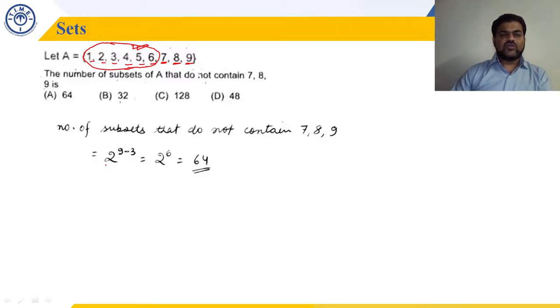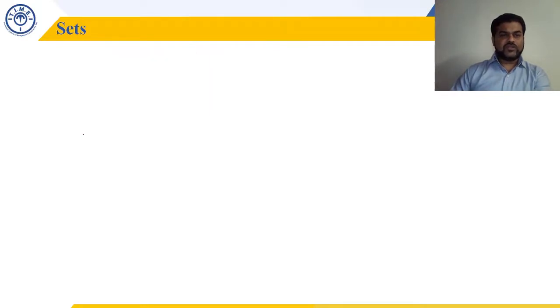So it is basically 2 to the power 9 minus 3: 9 is the total number of elements minus the 3 elements which we don't want to use. That leaves you with 2 to the power 6, which is 64. The answer is 64. Now these are very simple examples. Let us look at this one.